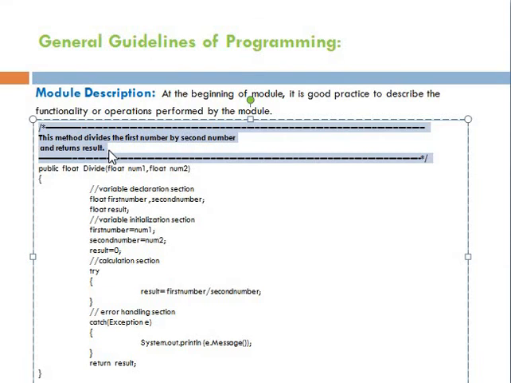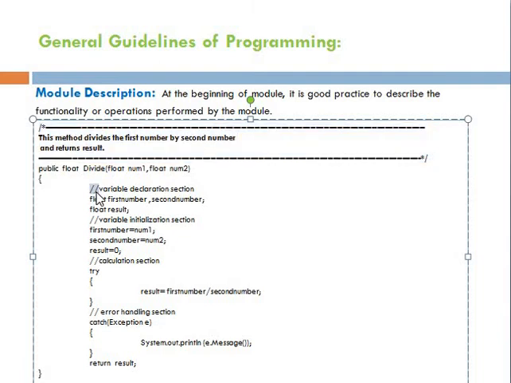Now note that this module description consists of 2 lines. So it is not a single line comment, it is a multi-line comment which consists of 2 lines. And for multi-line comments like this, we indicate it as /* at the very beginning of the comment and */ at the very end of the comment.